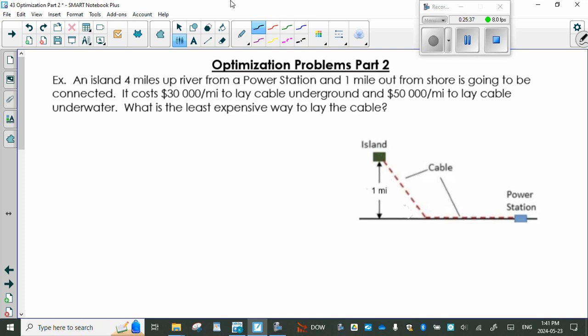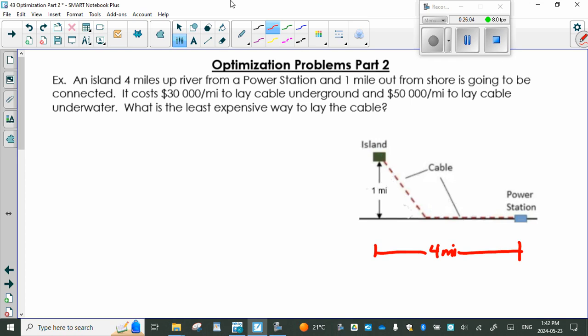All right. So, in this case, we have an island 4 miles upriver from the power station. So that's telling me that from here to here is 4 miles. And 1 mile out from shore. And it's going to be connected. We're hooking up the island with cable.